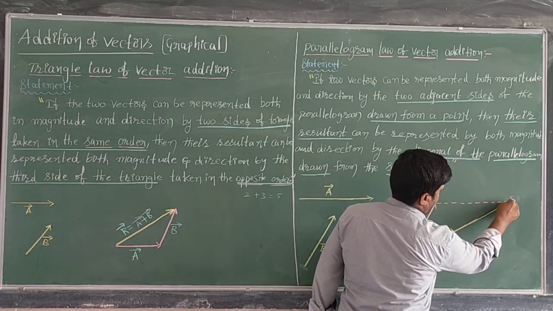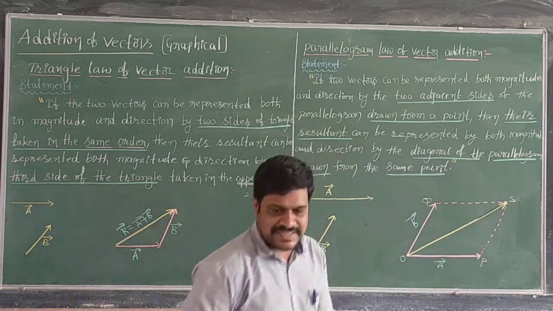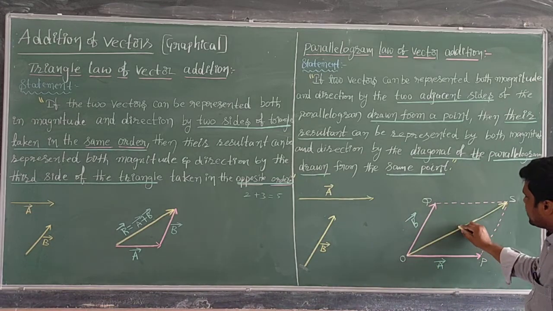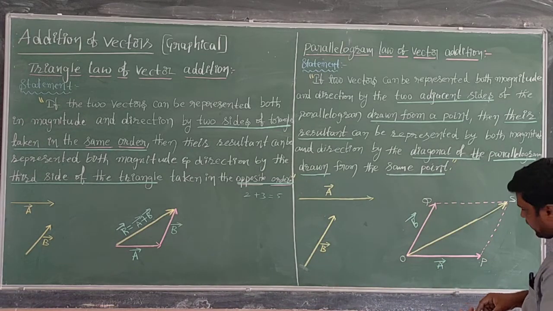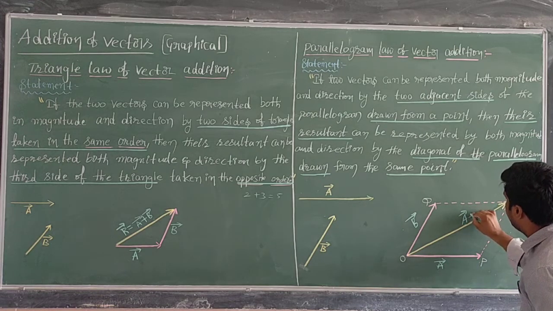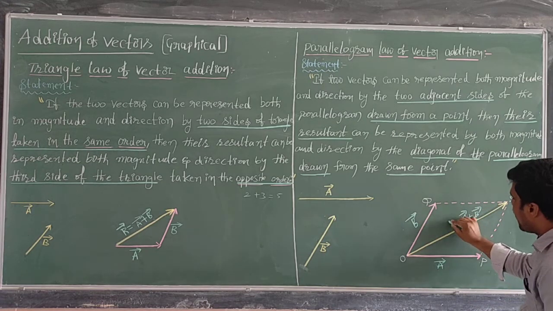Till the corner I have drawn, and I mark an arrow to show the direction. Now, what is this one? This line is completely A bar plus B bar. That means the resultant of A bar plus B bar is nothing but R bar.